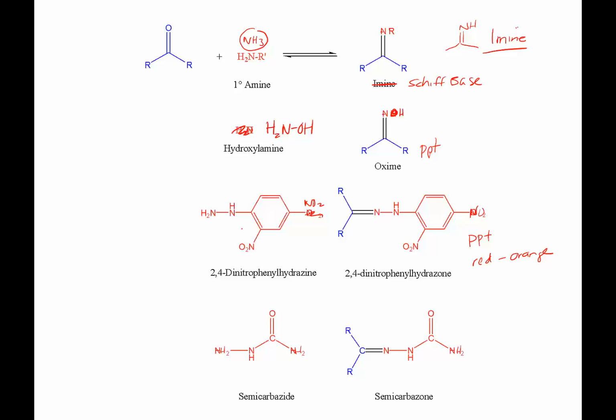Of course, our ultimate test is the NMR. That tells us exactly what we have. So that's one use of these oximes and hydrazones and semicarbazides. That's how we use them. That's a little bit of a sidelight there.